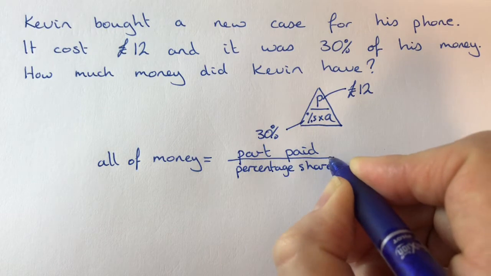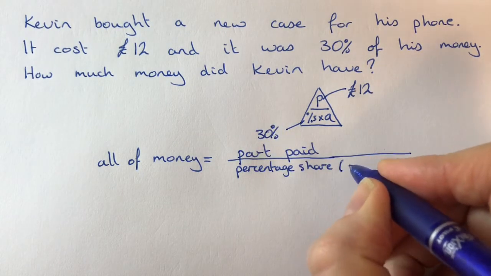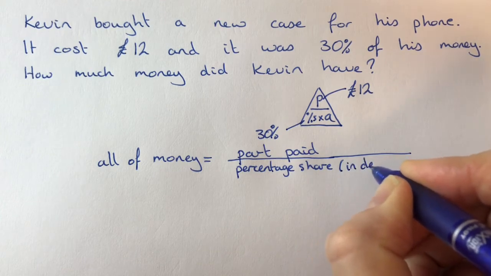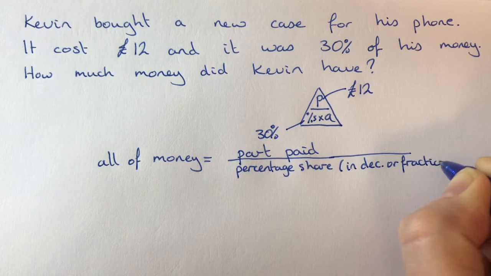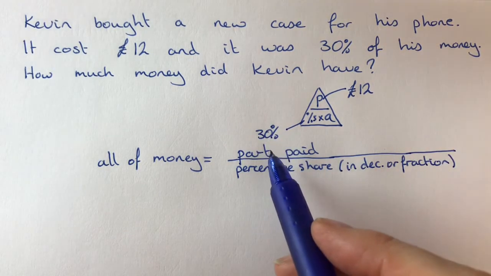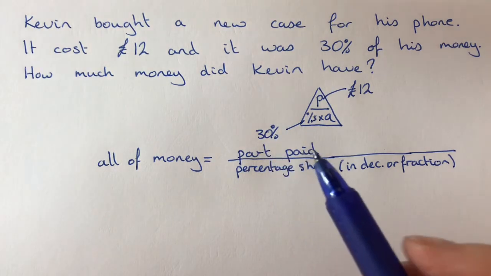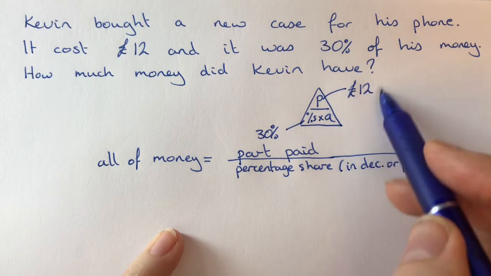And the important thing with this formula is that the percentage share has to be in decimal or fraction form, because 30% means 30 hundredths, and we have to actually use it in there. So here's our formula. Now we just put in the numbers.